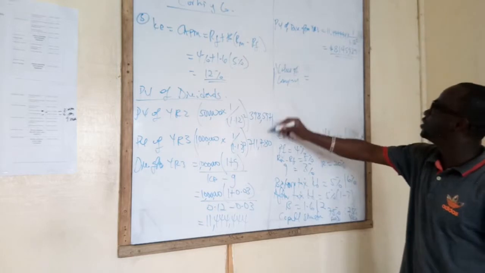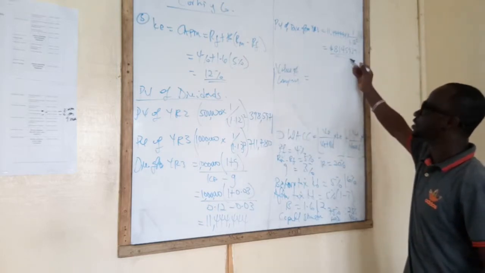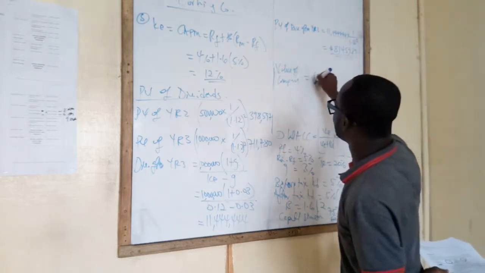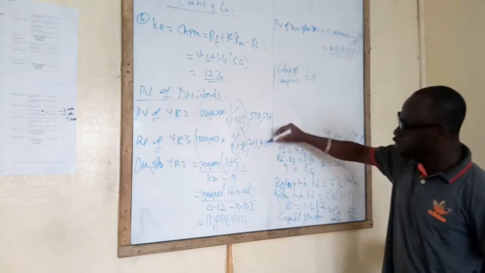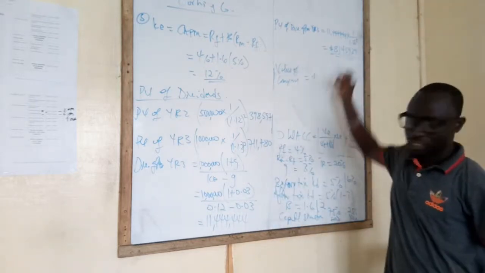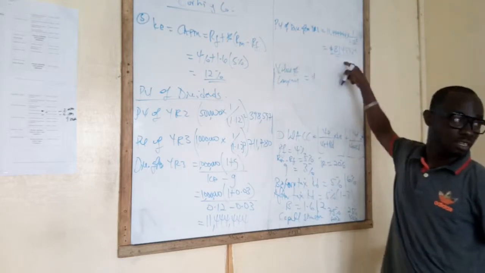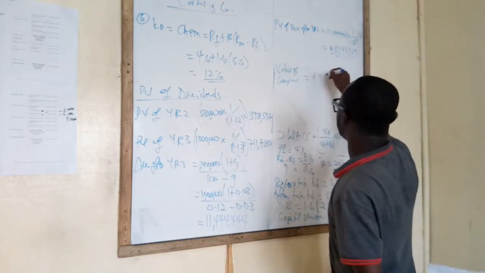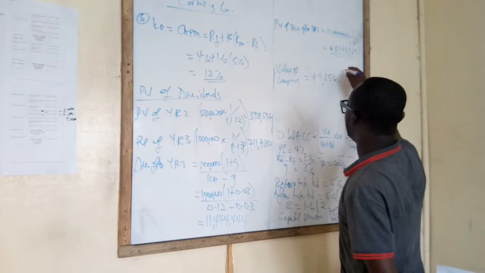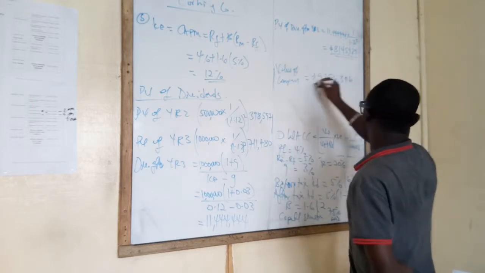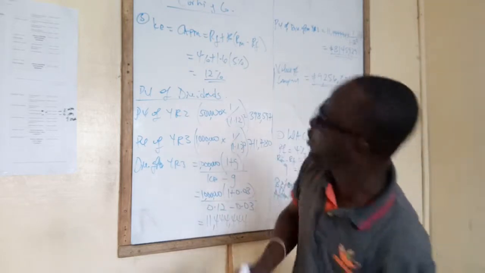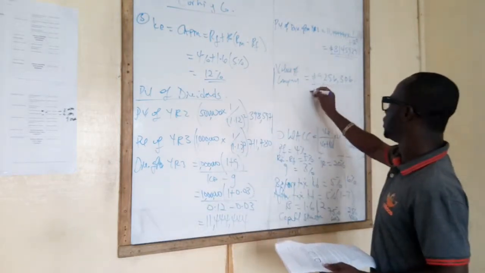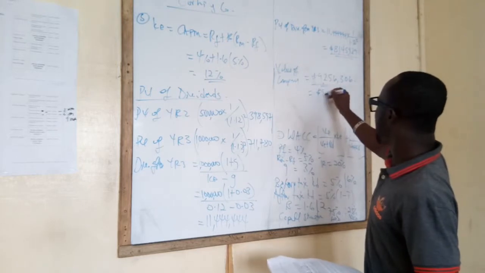So you add this, you add this, you add this. We are adding 1, 2, 3. The present value here is 9 million, 9,256,000. Okay, that's it. So approximately we can say $9.3 million.